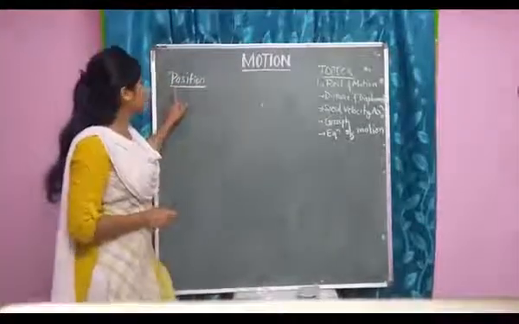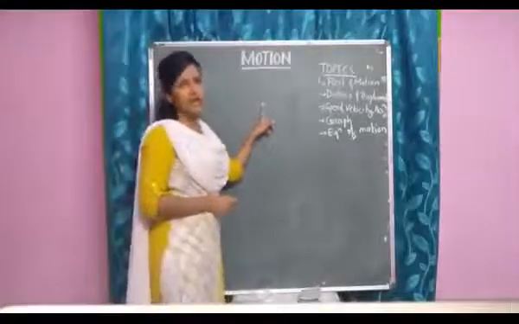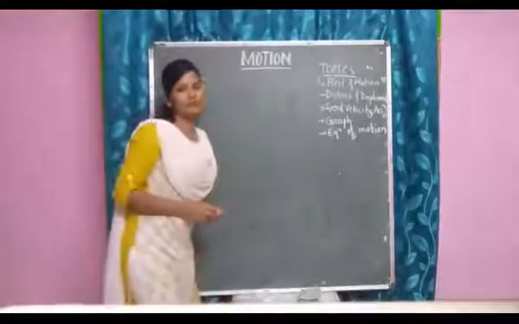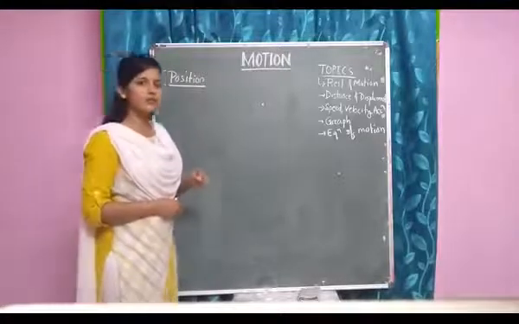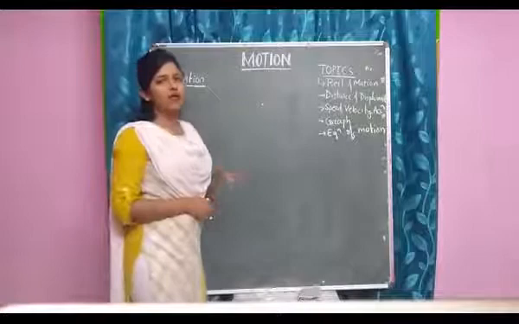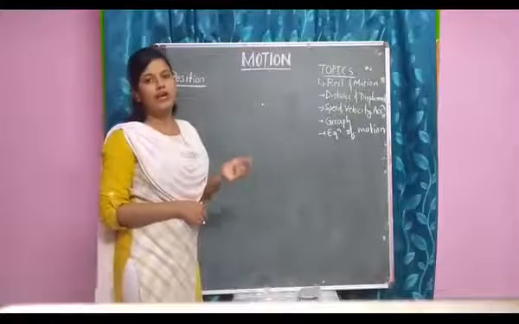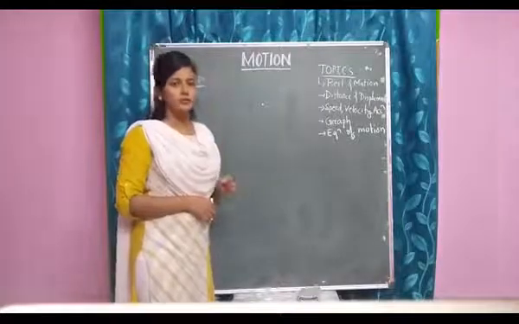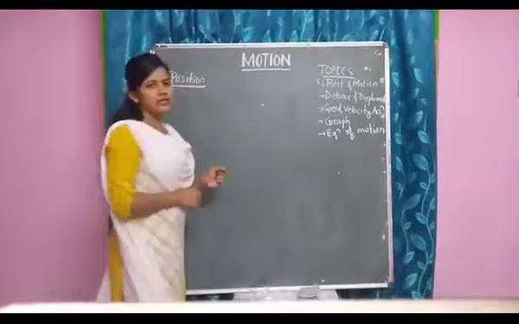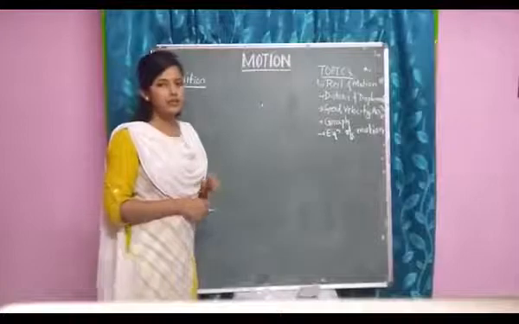In order to define the position of this ant, we have to go for the frame of reference. Frame of reference means we have to choose an origin, or reference point, or our zero point, or we can say our starting point.